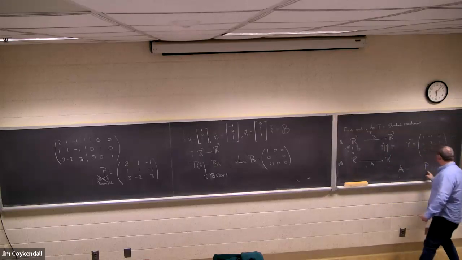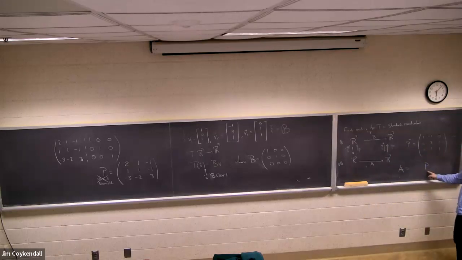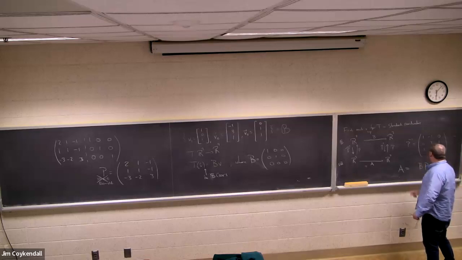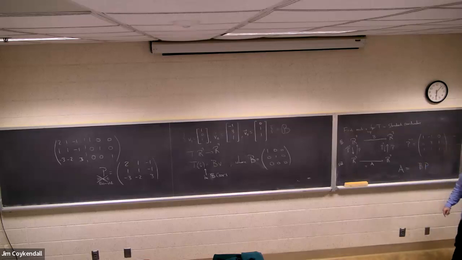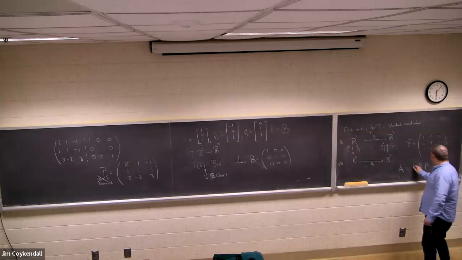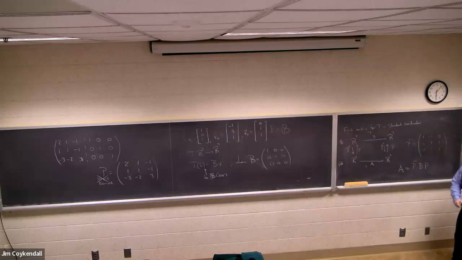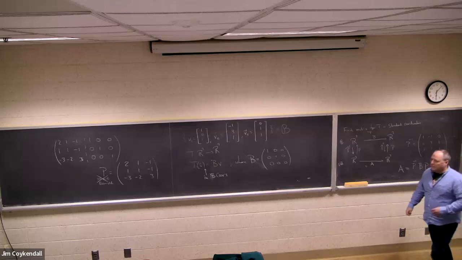So do P first. Remember, this is the order you hit the vector. Do whatever vector you got, do P to it, that changes it to B coordinates. Do B, which is the transformation in B coordinates, and then do P inverse, and that brings it back down to the standard. Well, let's figure out what it is.